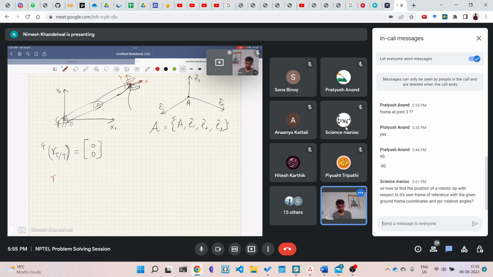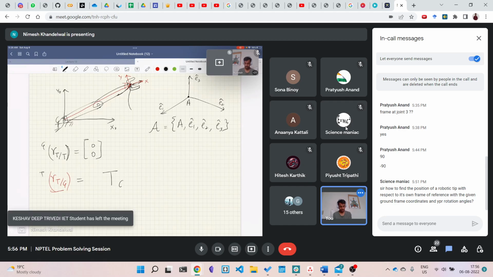So now if I want to write this T G, this is the vector I'm talking about. You can write this vector in any frame you want; it is not compulsory to write it in the G frame only. You can write this also in the T frame. And to convert from G to T frame, that is where the concept of the rotation, the transformation matrix, came in, right?